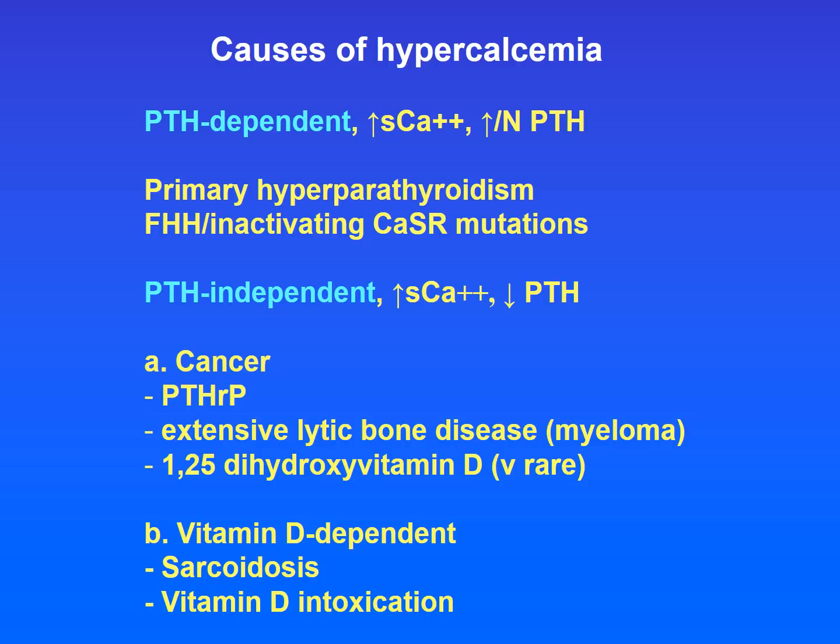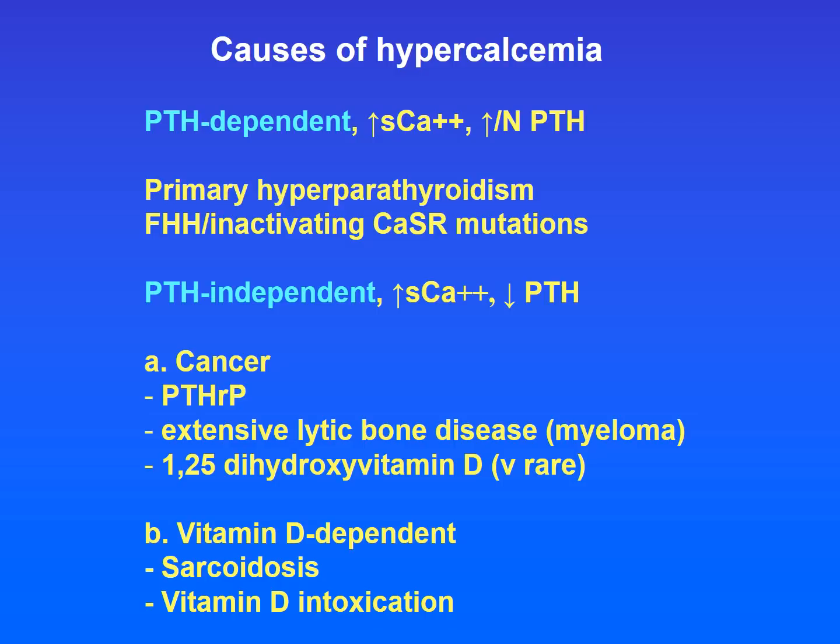The much more common is the parathyroid hormone dependent causes, and of those, overwhelmingly the most common is primary hyperparathyroidism, which is a disorder that's almost always caused by a solitary adenoma of one of those 4 parathyroid glands that sit in the base of the neck, occasionally caused by hyperplasia of those glands, so all of the glands are contributing to the parathyroid hormone excess.